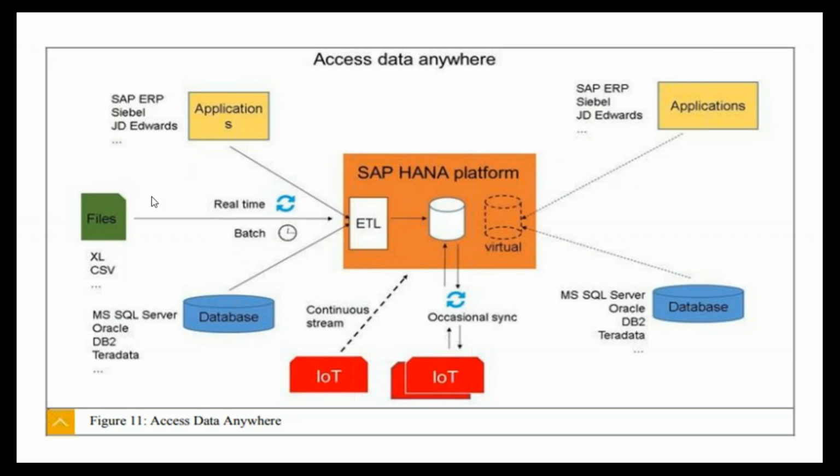Files, you can load the data from a .csv file, or from any other ERPs also. So with this, we can get the data from anywhere and access it from anywhere. This is the HANA database platform. As we discussed, HANA is not just a database now. The database is just a part of the HANA platform. So there is a bigger concept called the HANA platform.